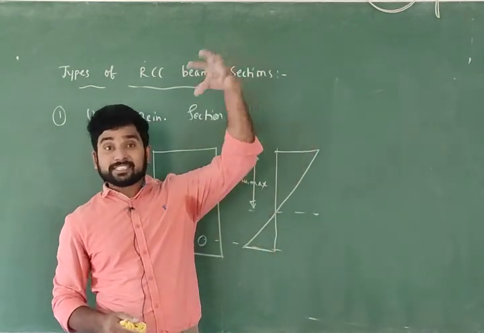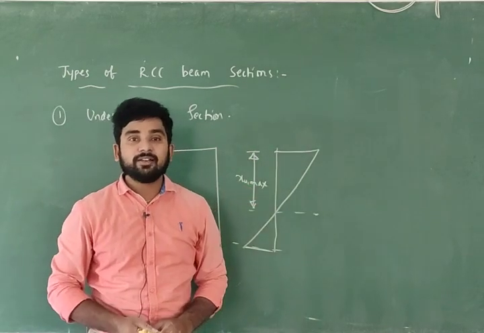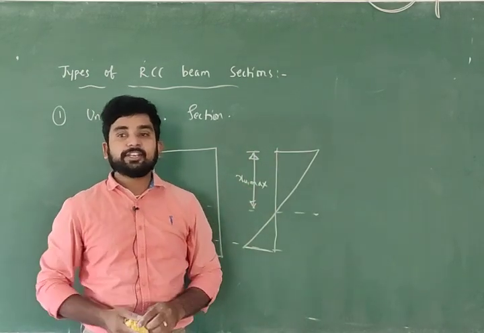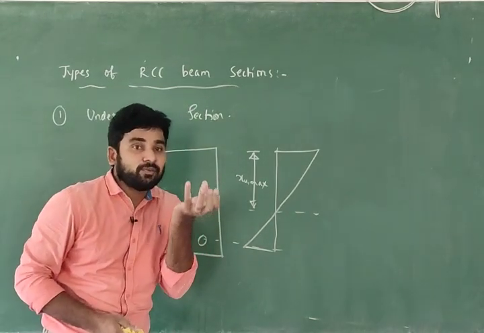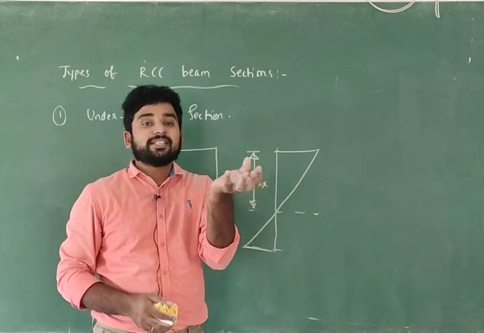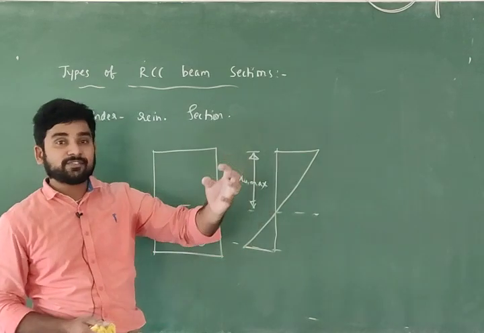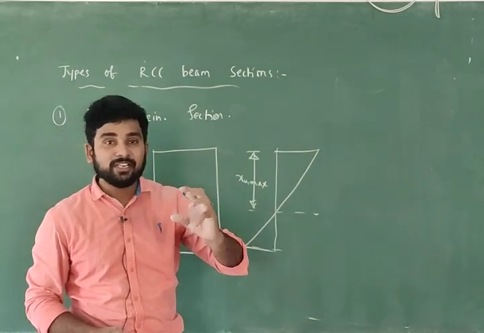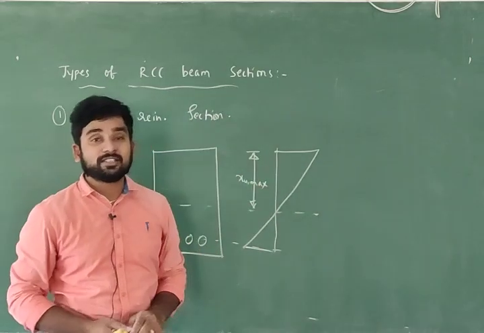When external loads are coming on that section, who will be critical? Steel will be critical. Why will steel be critical? Because it is not providing the required amount, you are not providing sufficient steel, so that is the weakest point. The stresses first develop in steel, so that steel will reach its permissible stress first.